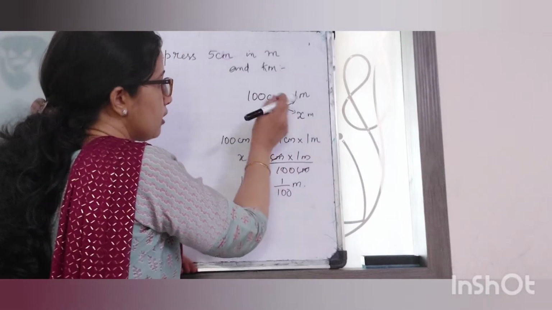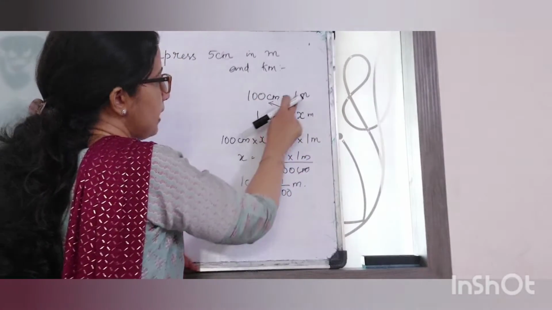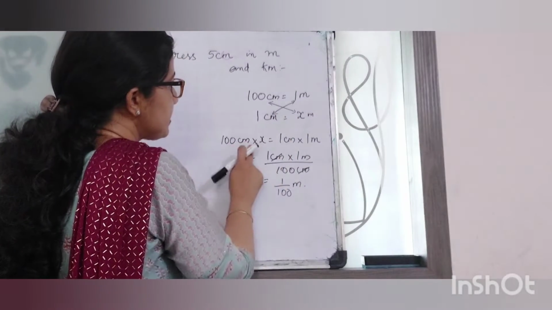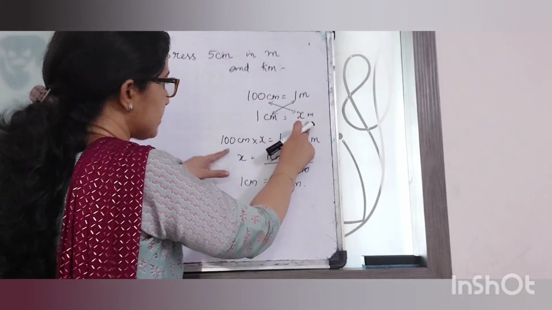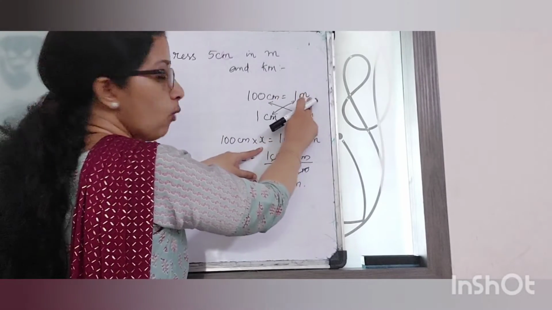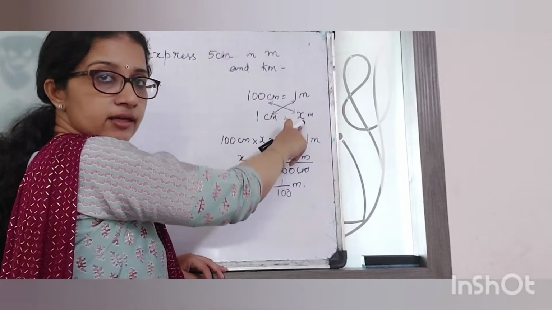Now to find the value of x, we have to cross multiply these. So how to cross multiply? 100 centimeter into x is equal to 1 centimeter into 1 meter. Correct? You have to multiply in this fashion.